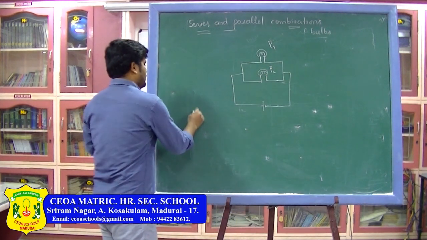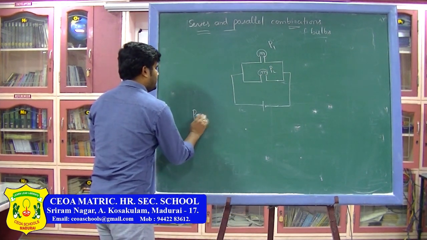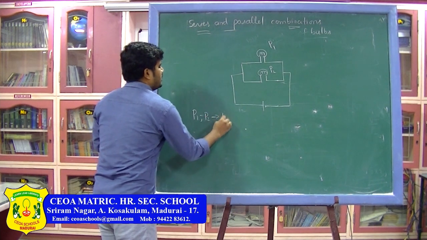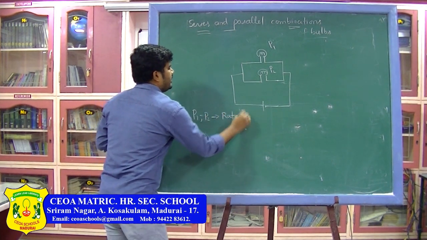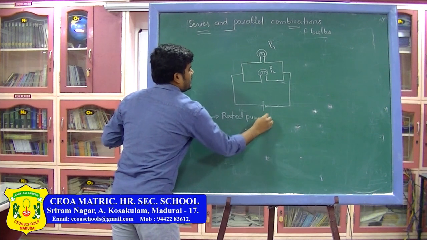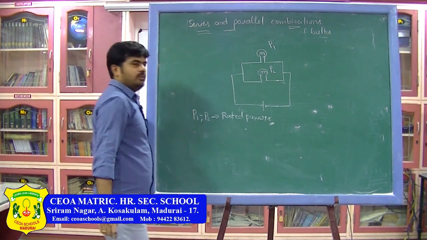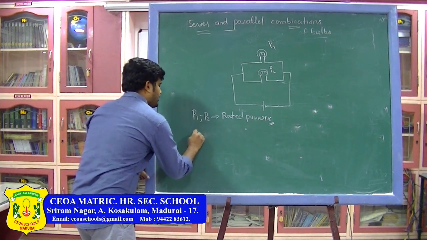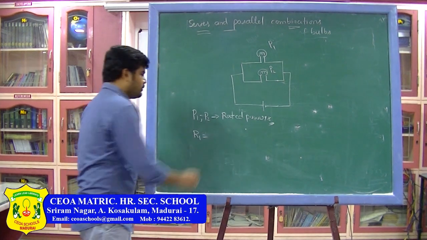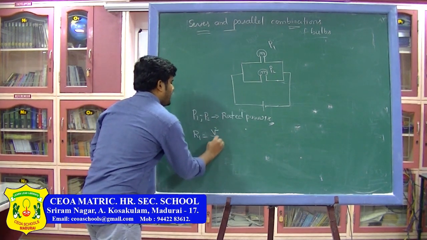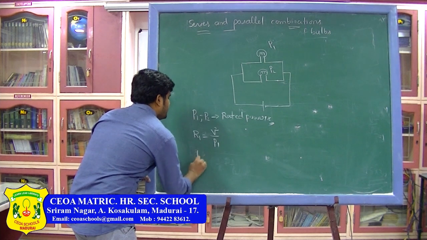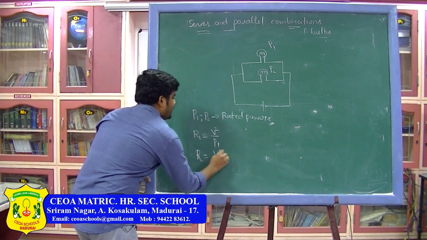P1, P2 are the rated powers for each bulb. Now the resistance values, as usual, you can calculate. R1 is equal to V square by P1 and R2 is equal to V square by P2.